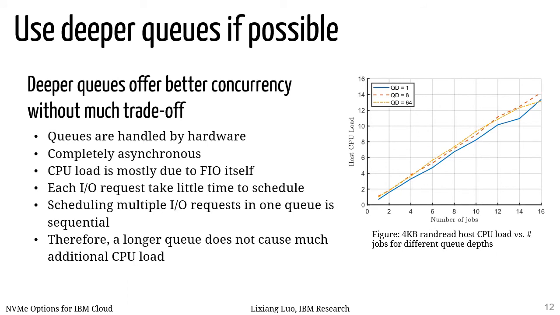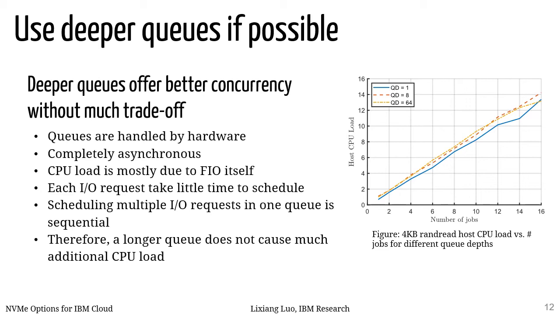So one finding of our study is that using deeper queues is usually beneficial. Basically, deeper queues offer better concurrency without much trade-off, and we can see that because queues are handled by hardware and are completely asynchronous, CPU load is not affected as the queue grows deeper.